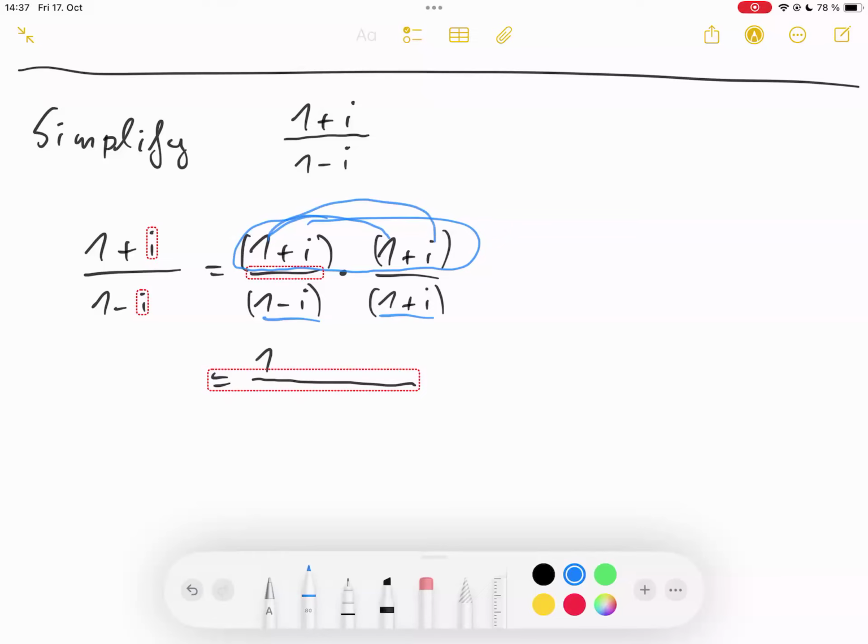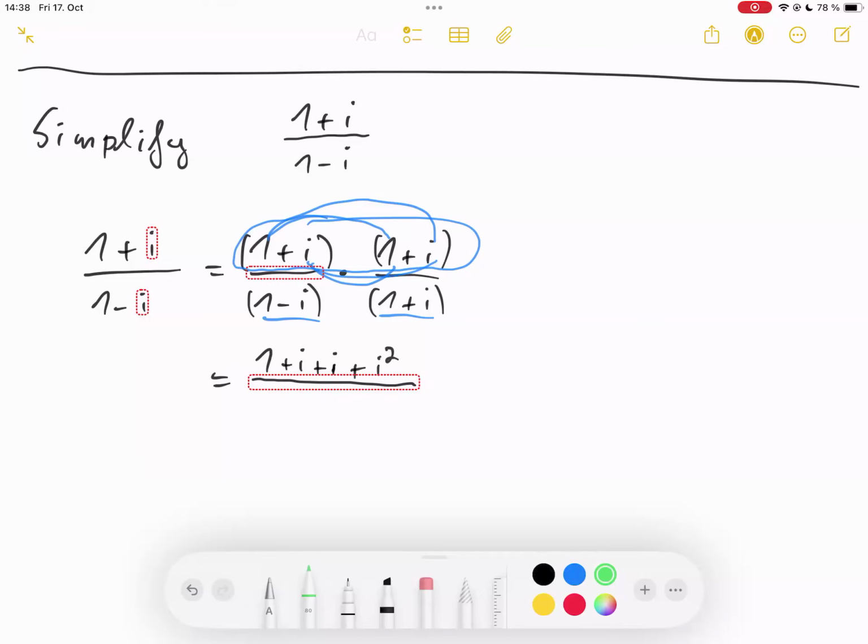Then 1 times i. Then i times 1, which is another i. And we have the i times i, so plus i squared. We'll simplify this in a moment.